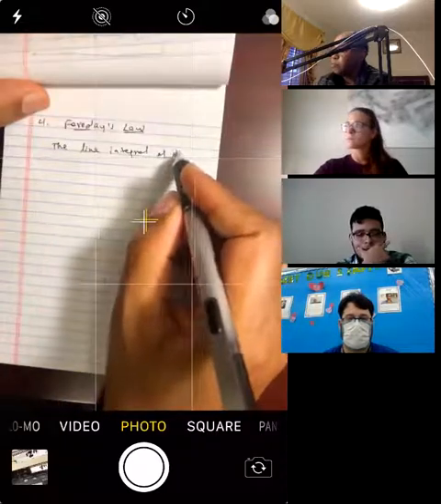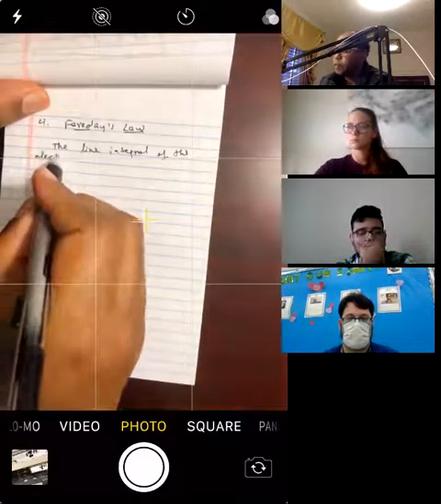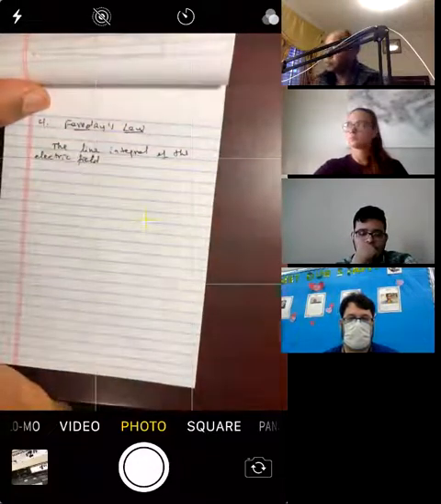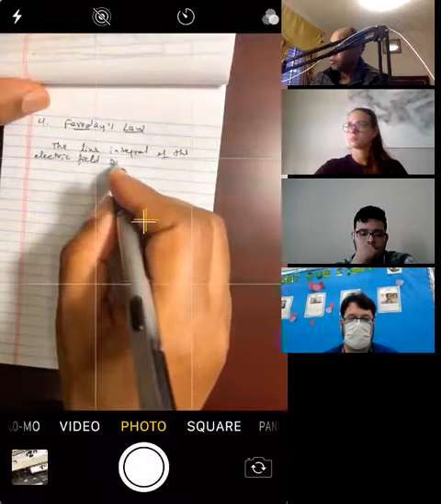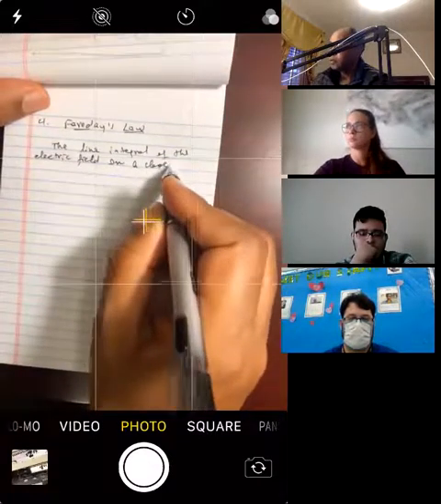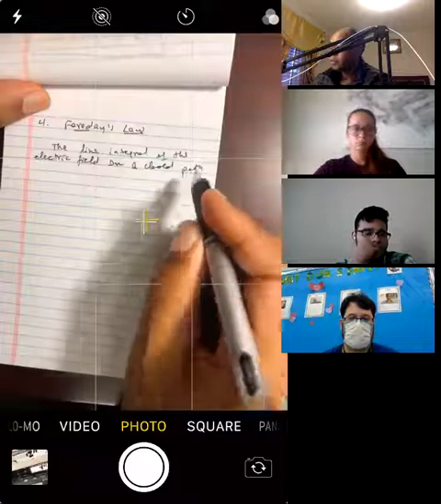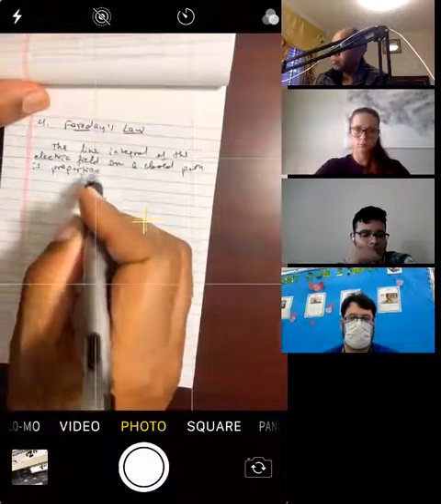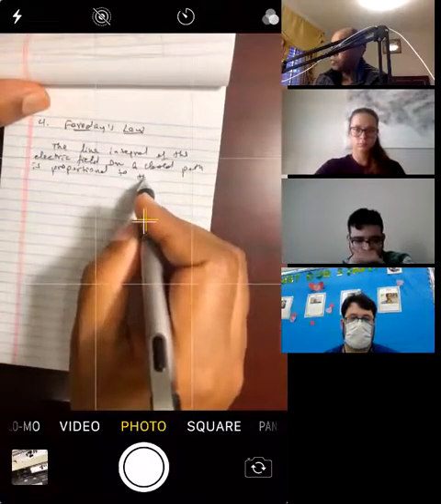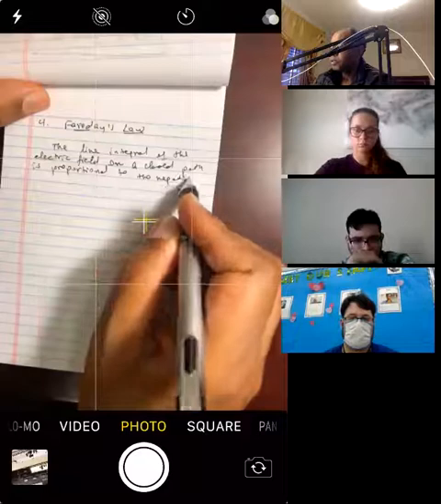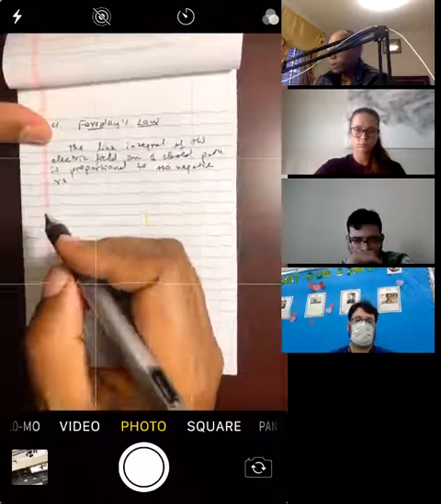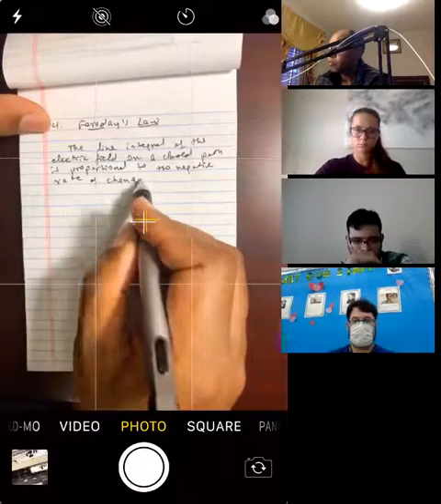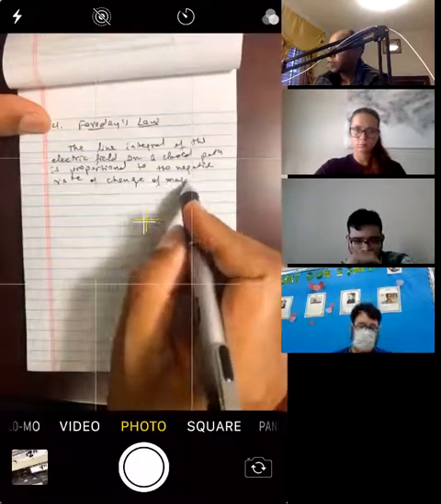Remember, this electric field is the source, it's not the electrostatic electric field. The line integral of the electric field on a closed path is proportional to the negative rate of change of magnetic flux.